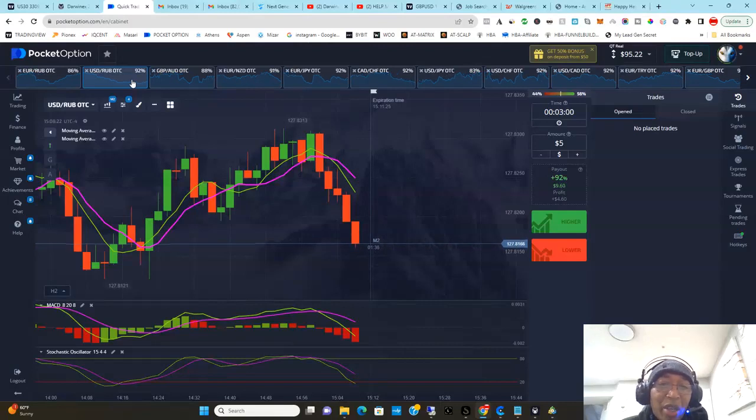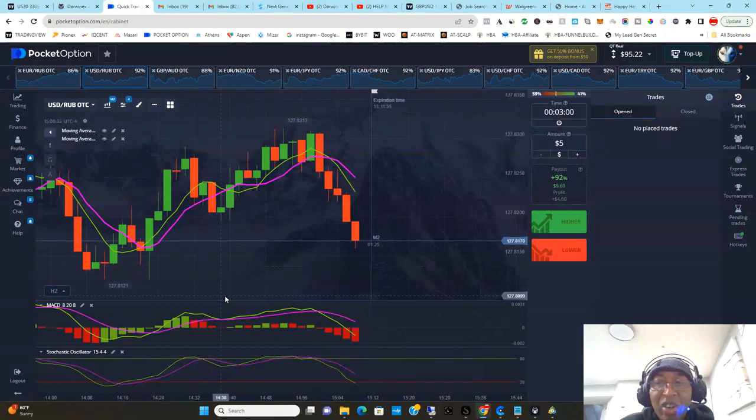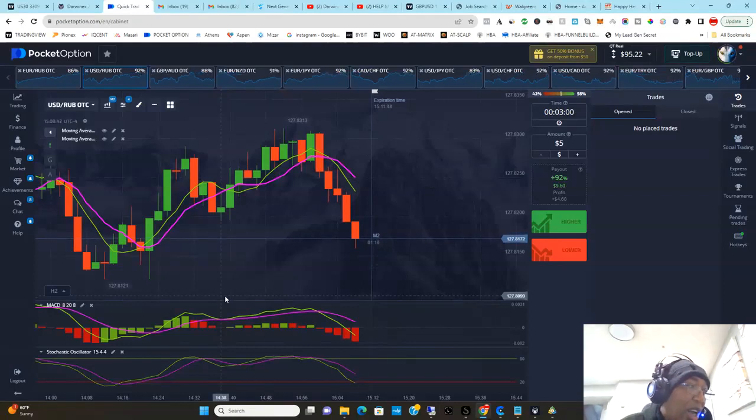Go ahead and open both of them. So if one of them is down, you can continue trading with the other and just start trading on the demo, practicing this. Once you start winning at least 90% of your trades, then you can put a small amount of money that you can afford to lose, that you can risk, because you can lose it all, and start trading live. Okay, guys?